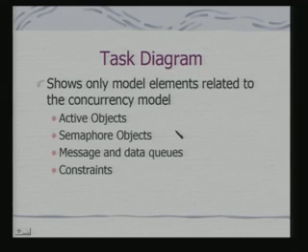A task diagram shows only those model elements which are related to the concurrency model: active objects, which are objects associated with threads, active threads for execution; semaphore objects; message and data queues for communication between these threads; as well as the constraints. These constraints would be primarily schedulability constraints.